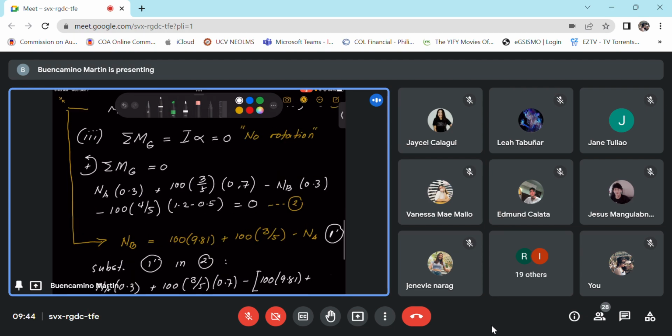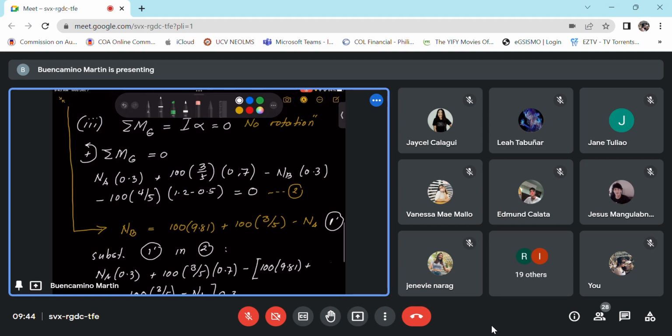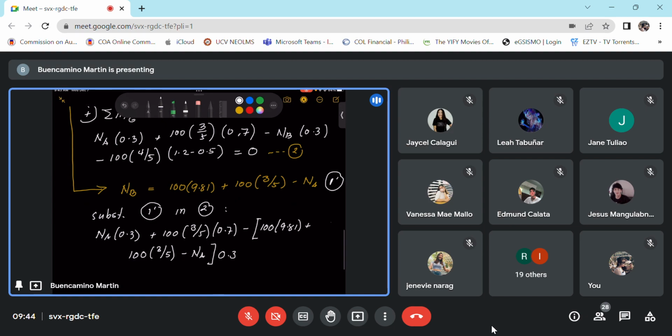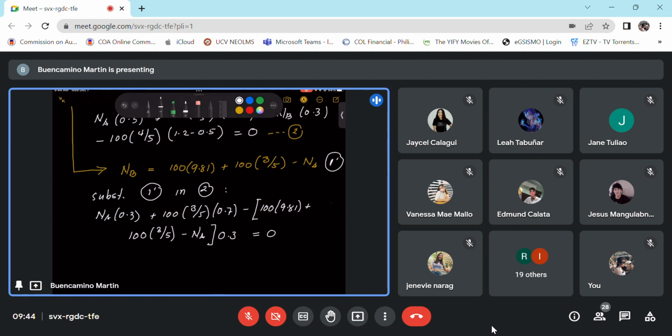Okay, tama. And their sum is 0. So we can now solve for n sub a, yung reaction sa A in Newton.